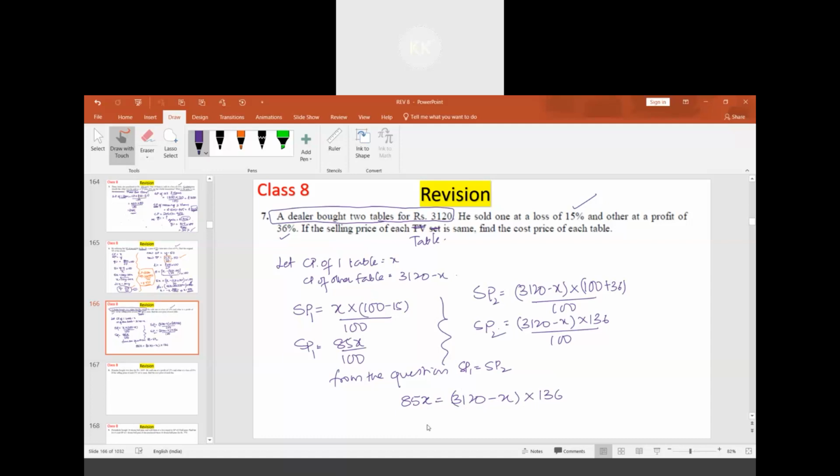Then 85x will be 3120 minus X into 136. When you transpose, 136x and 85x will be added up. When you add them up, it will be 221.